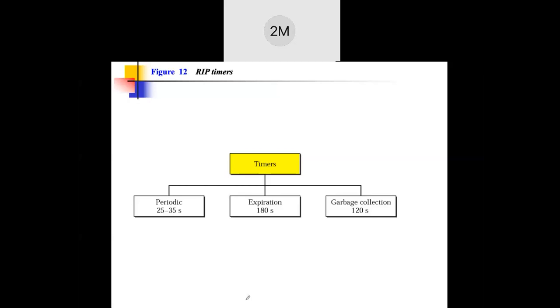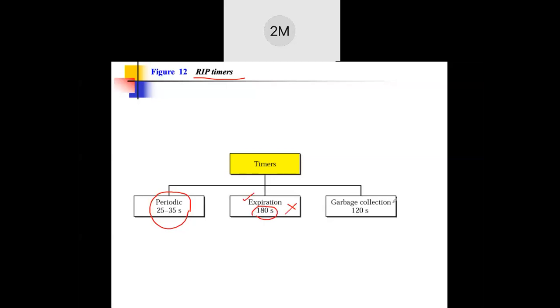Then it is using timers. RIP uses timers. One is called periodic, where that period is between 25 seconds to 35 seconds. Then the expiration timer: within 180 seconds, if nothing is happening, it will discard this. This is the expiration timer.